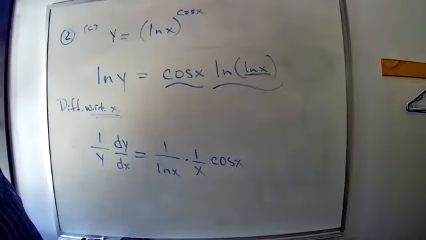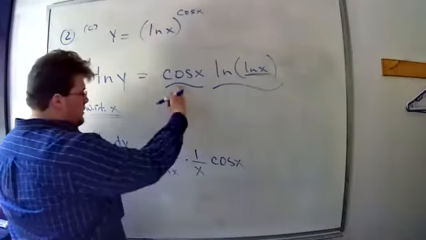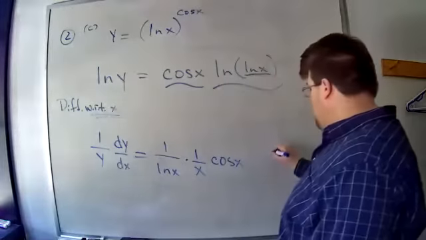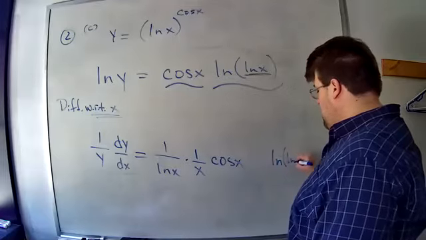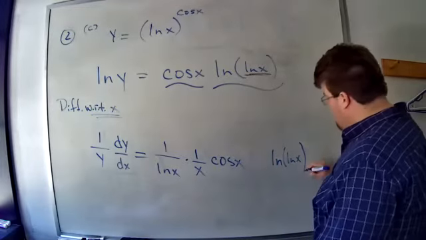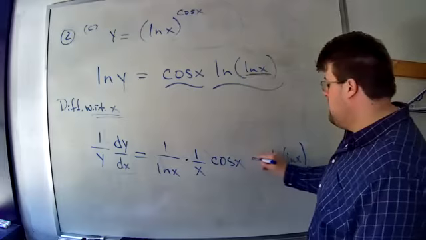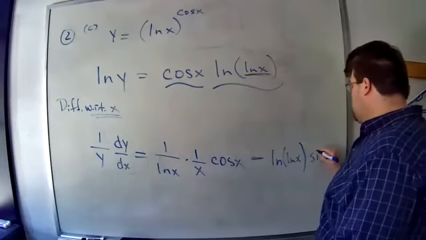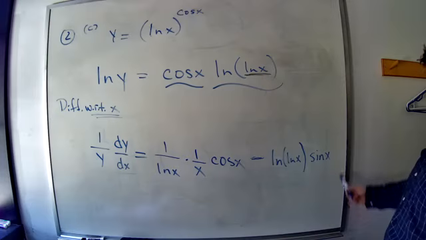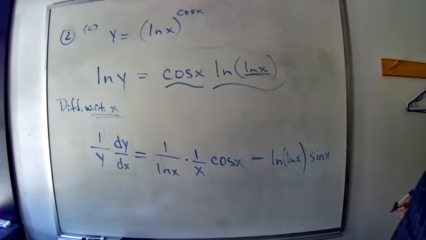So we have here derivative of the second times the first plus the first times derivative of the second. Derivative of cosine is negative sine of x. Any questions about this derivative?